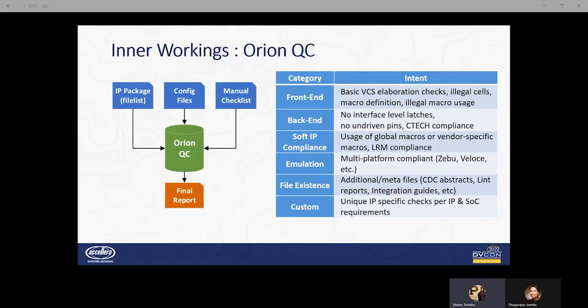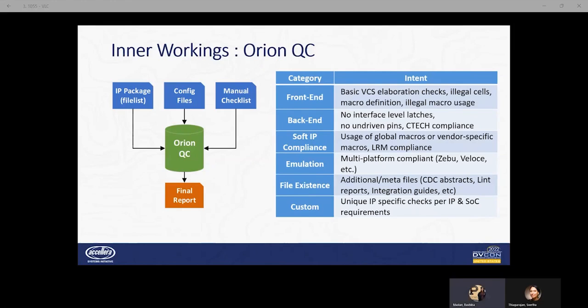This Orion tool takes the package, configuration files, and a set of checklist items as inputs. It has a top-level wrapper that helps IPs toggle between underlying scripts. It kicks off additional checks that weren't a part of the IP environment but are required by the SoC.